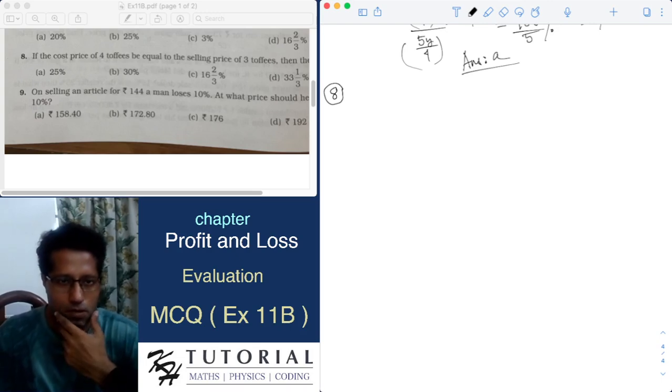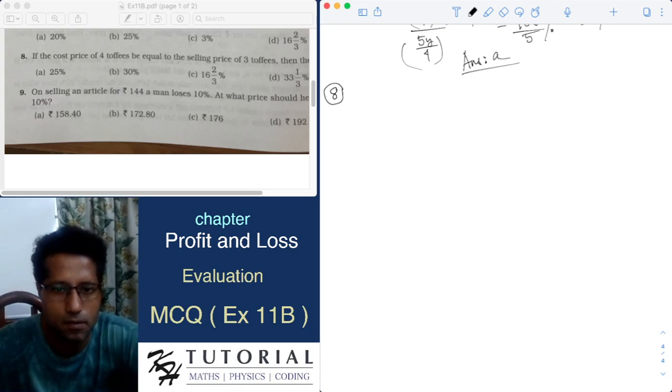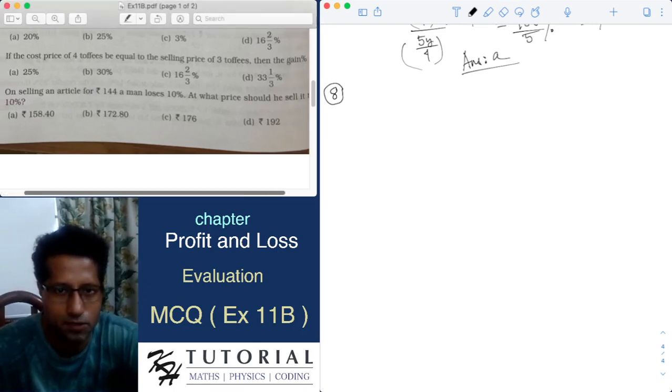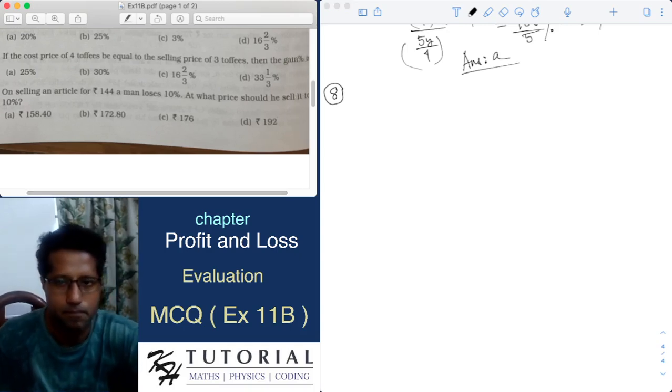If the cost price of 4 toffees be equal to the selling price of 3 toffees, then the gain percentage... it is similar to question number 7, but let's do it anyway.